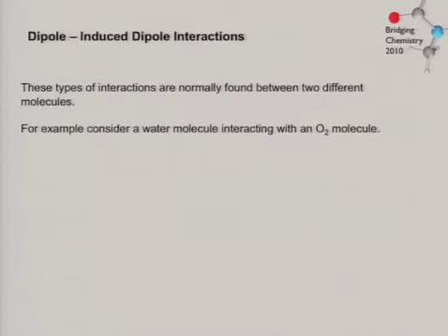All right, so the next one on the list are dipole-induced dipole interactions. Now, these interactions are found between two different molecules usually, okay? So for this example, we're going to consider water and oxygen. Now, if you remember, water is H2O, so you have two O-H bonds there. So basically, you've got two polar bonds, yeah?